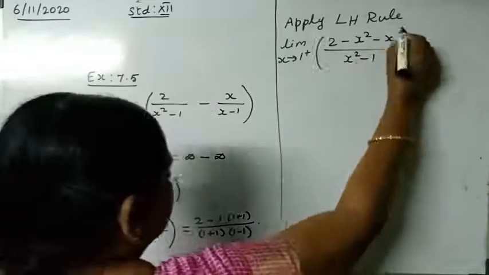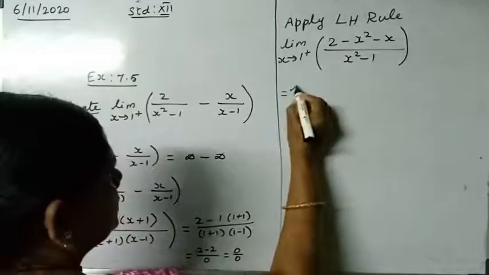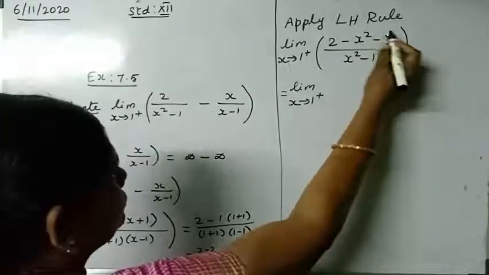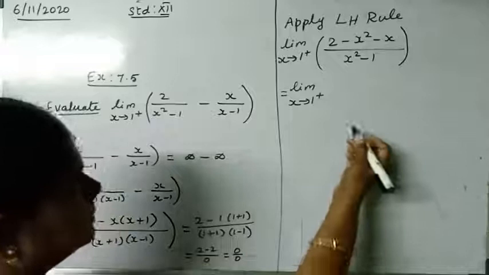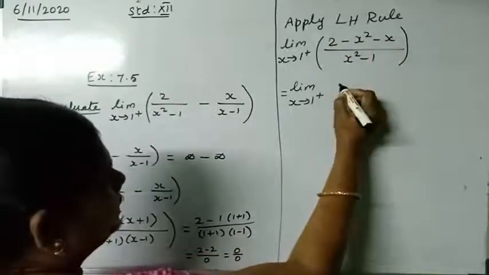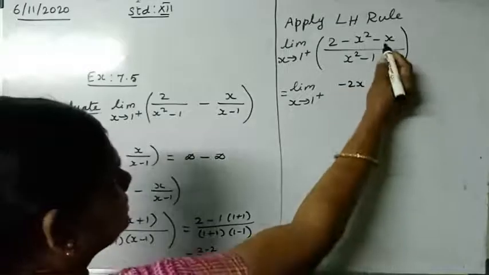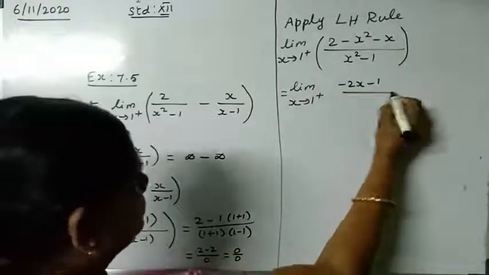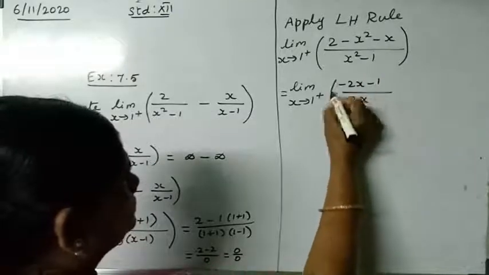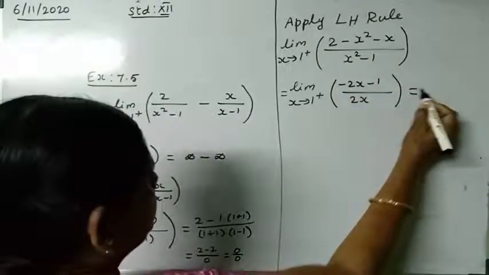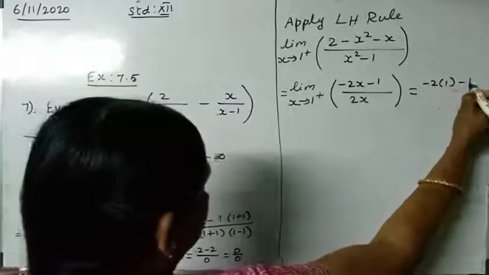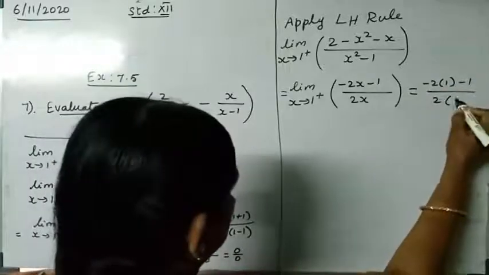That will be easier to differentiate. Which is equal to limit x tends to 1 plus. Now we apply the L'Hopital rule: 2 differentiates to 0, minus x square differentiates to minus 2x, minus 1, divide by 2x minus 0. Now substitute the limit: minus 2 into 1 minus 1, divide by 2 into 1.